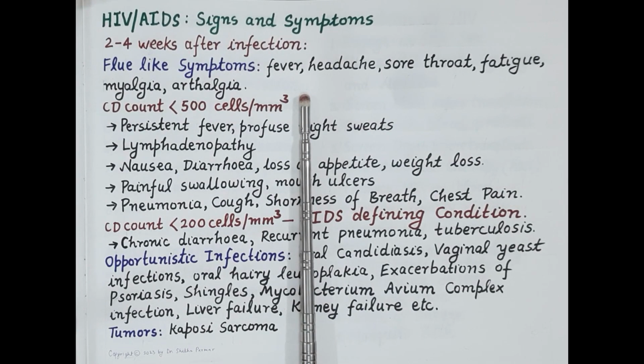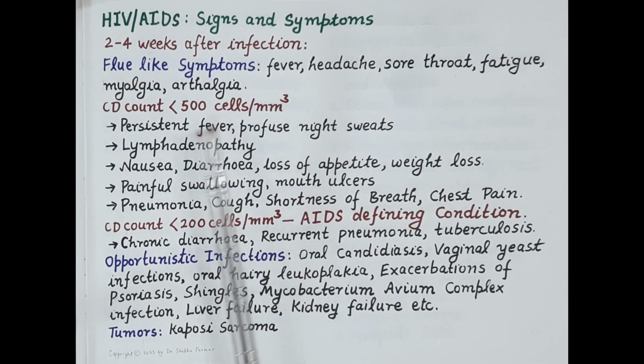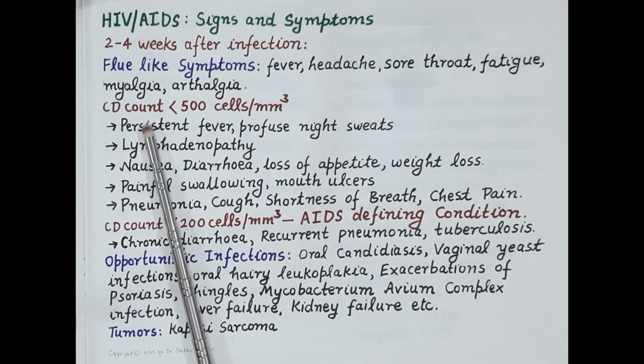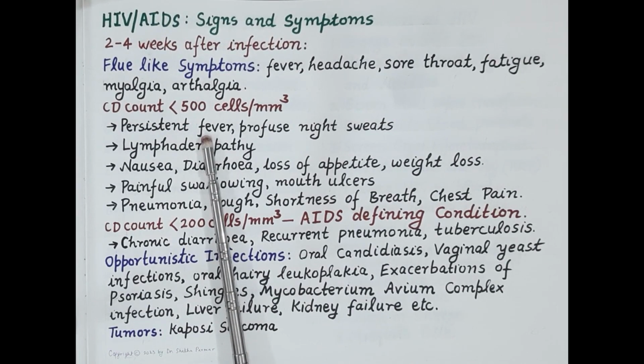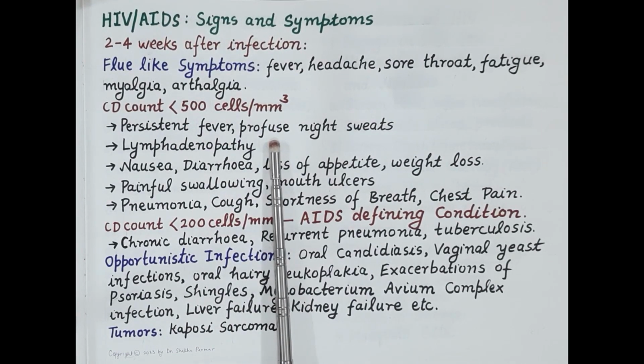Now, HIV kills CD4 white blood cells and CD4 count progressively falls. As the CD4 count falls below 500 cells per cubic millimeter of blood, chronic HIV infection causes persistent fever with profuse, that is excessive, sweating at night.